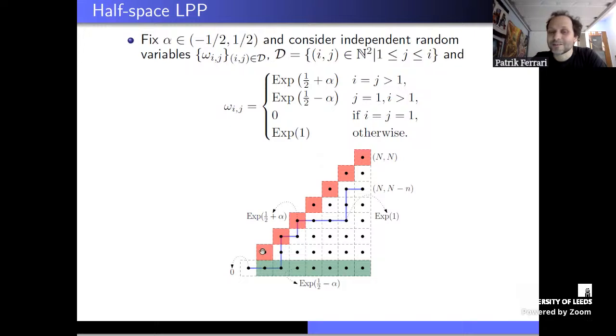You can think that it is the increment of the last passage percolation from this point to this one, and this is the increment from this to this. Now in the full space, these increments each have the same law, but they are not at all independent. So in this setting, they are really independent.